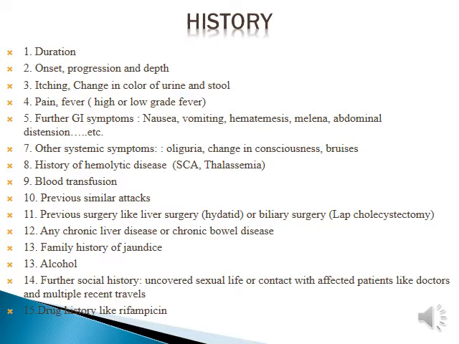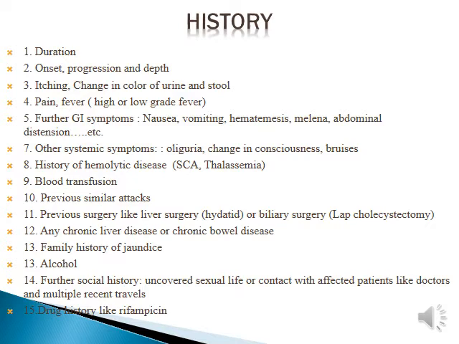Number 11, previous surgery, like liver surgery, for example for hydatid, and then the patient got jaundice, or biliary surgery, for example laparoscopic cholecystectomy. Number 12, any chronic liver disease or chronic bowel disease, for example a patient with ulcerative colitis might get primary sclerosing cholangitis and jaundice. Number 13, family history of jaundice. Number 14, alcohol.